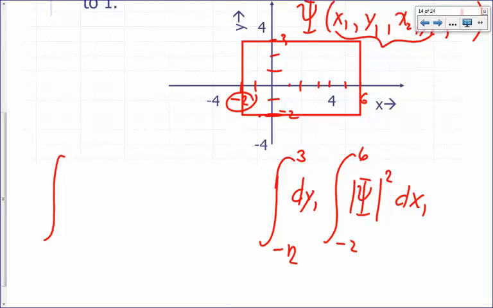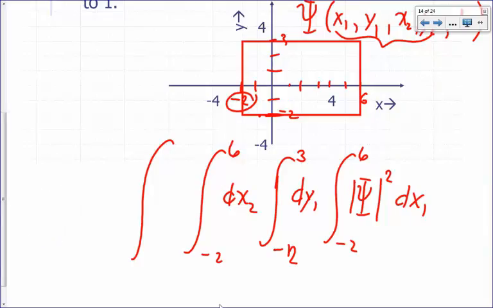And after that integration, you get whatever result you get. You integrate with respect to x2, from x2 equals -2 to 6 again. Then the result after that, you integrate with respect to y2, from -2 to +2.